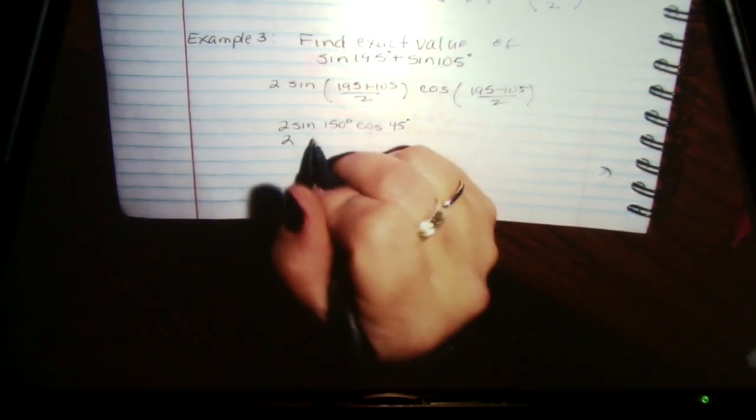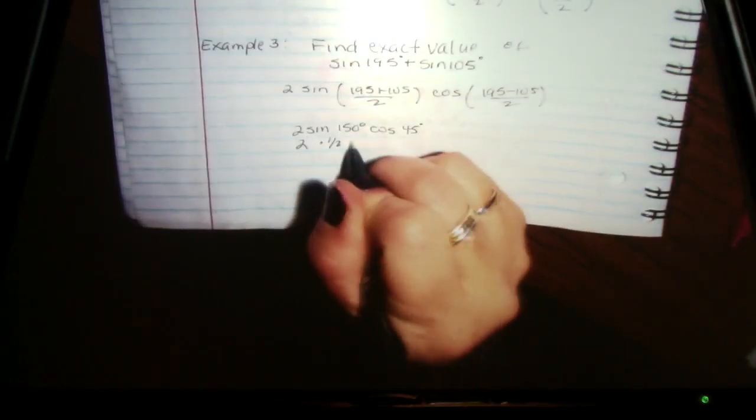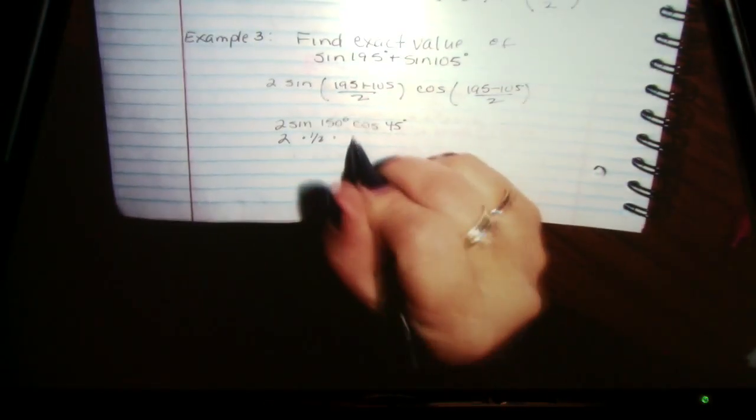From the unit circle, the sine of 150 is what? Positive 1/2. Sine, not negative square root of 3 over 2. And then cosine of 45 is square root of 2 over 2.